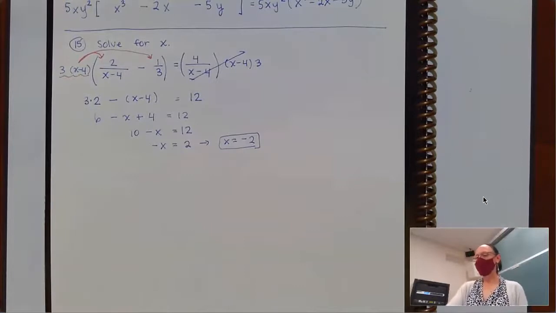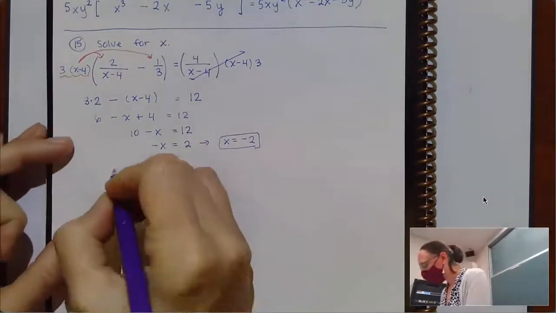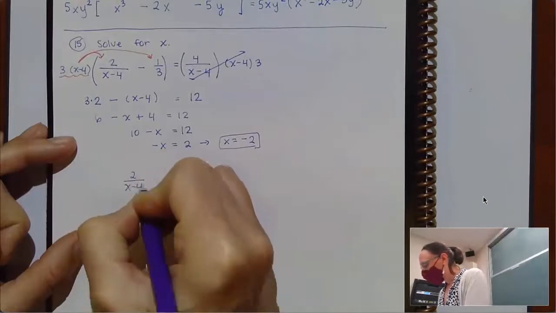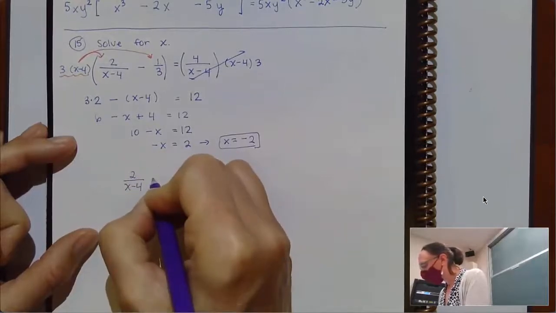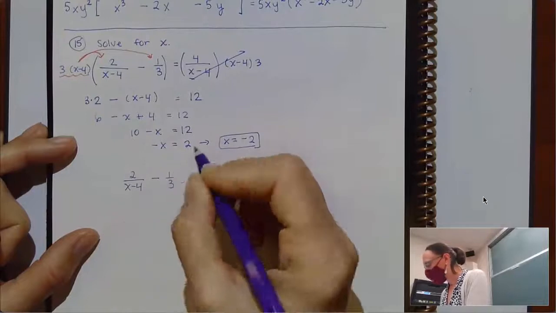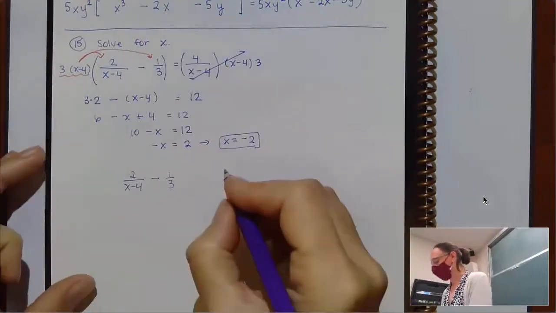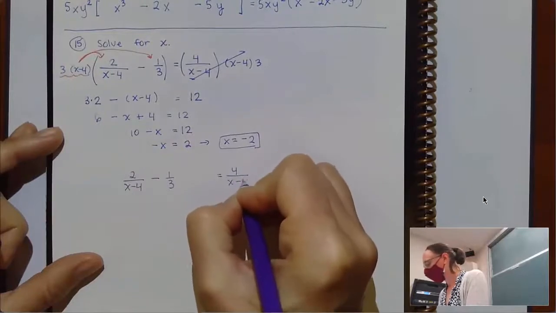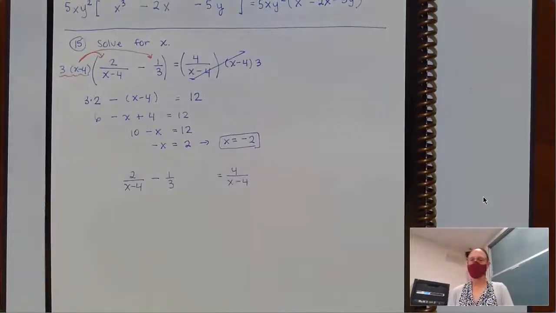So if I were to go back and do this, but be more explicit about my numerators and denominators, I had 2 over x minus 4 minus 1/3, and I'm going to give myself a ton of space here, is equal to 4 over x minus 4.